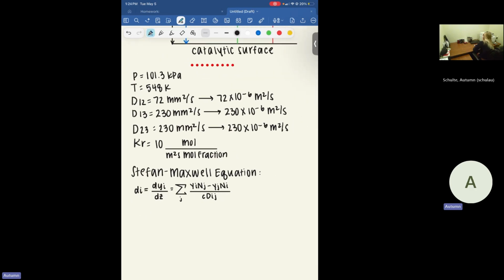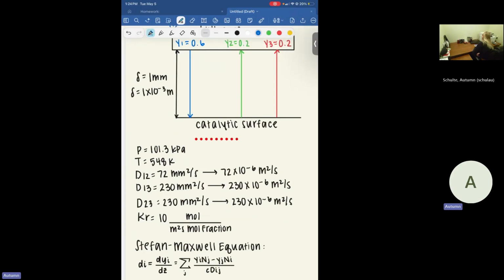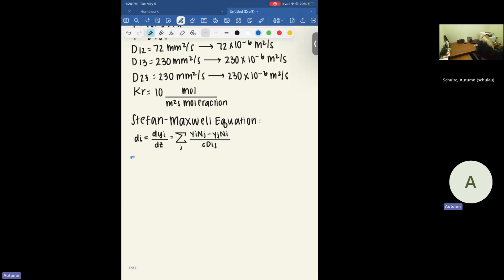So if we want to start talking about our first component, which is our ethanol, we can write this out as it pertains to component 1.